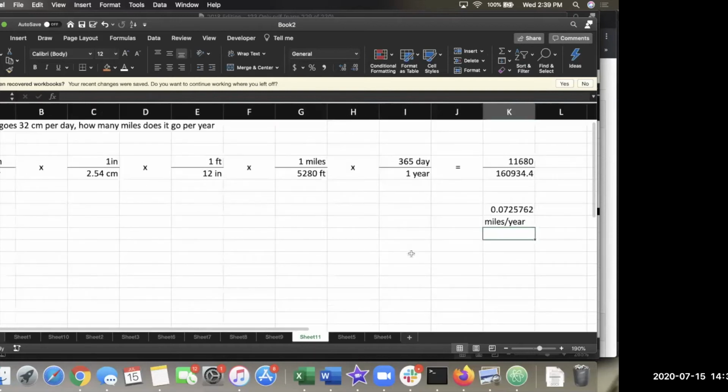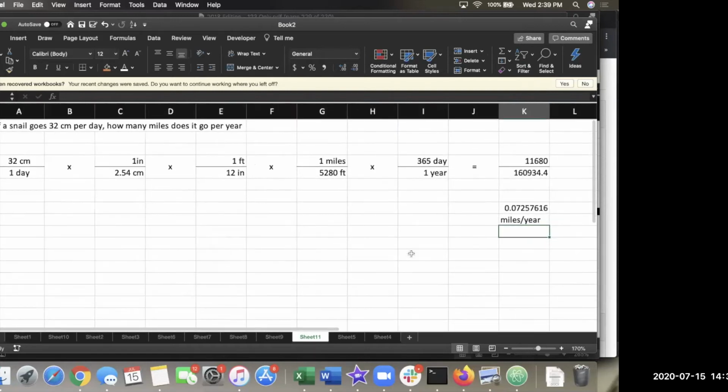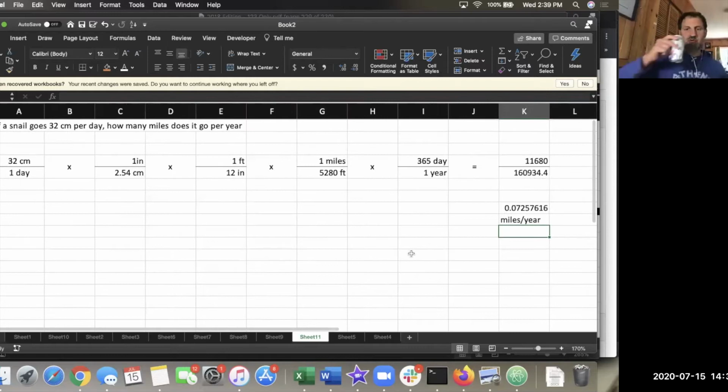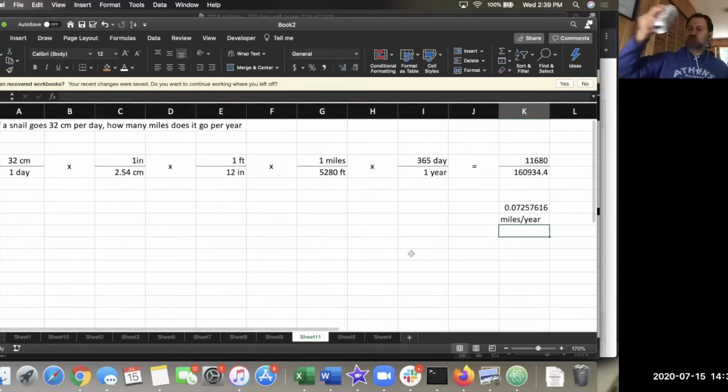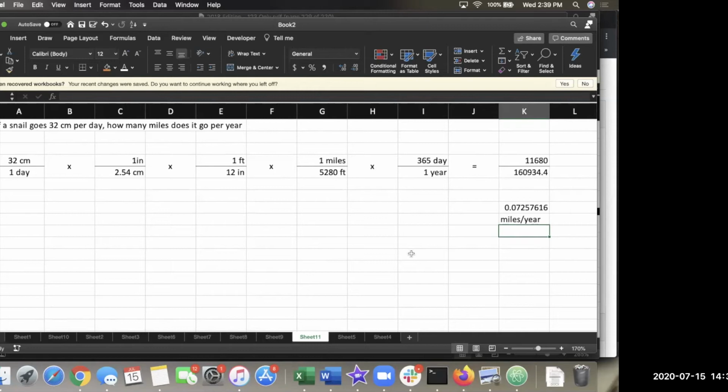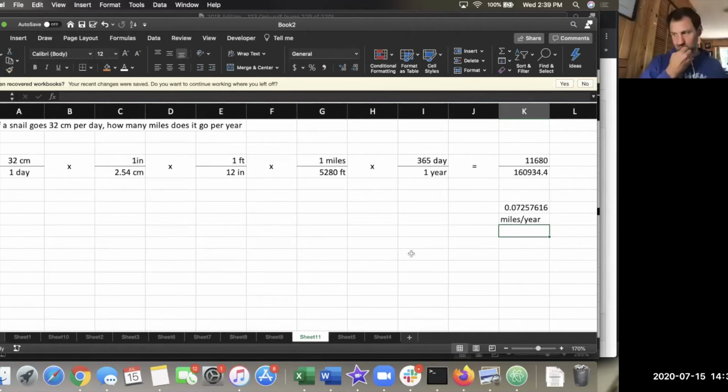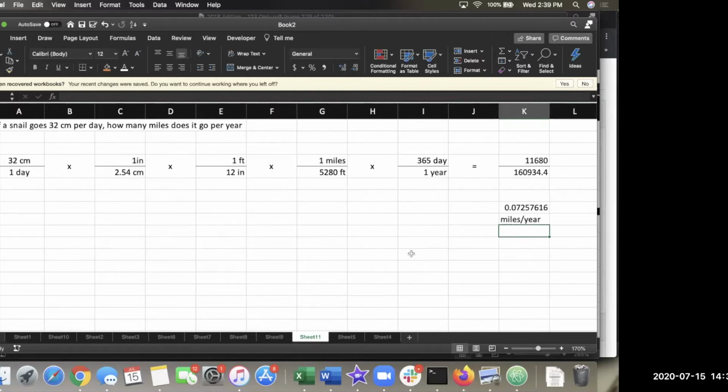Any debate or questions about the answer, where we ended up? No. So I have a question. So it's going to be 0.0725 whatever miles to 1 year?